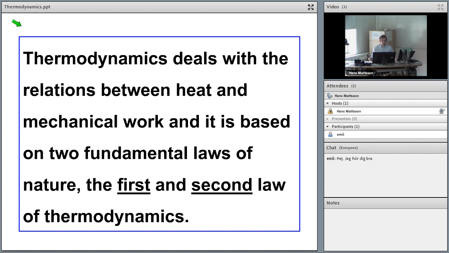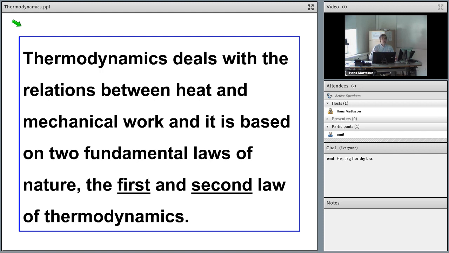Both heat and mechanical work are energy, and by this experiment with a glass of water, we can look at how these energies are related to each other. Thermodynamics deals with the relations between heat and mechanical work, based on these two fundamental laws of nature, the first and second law of thermodynamics.